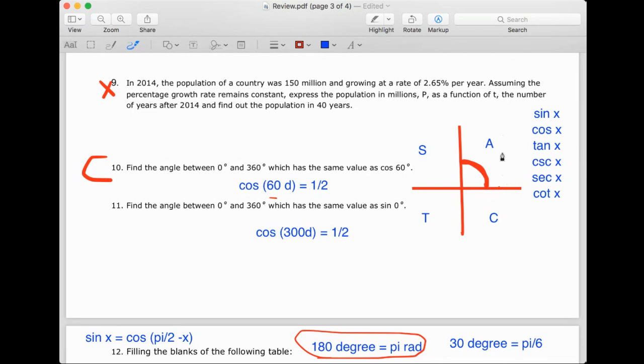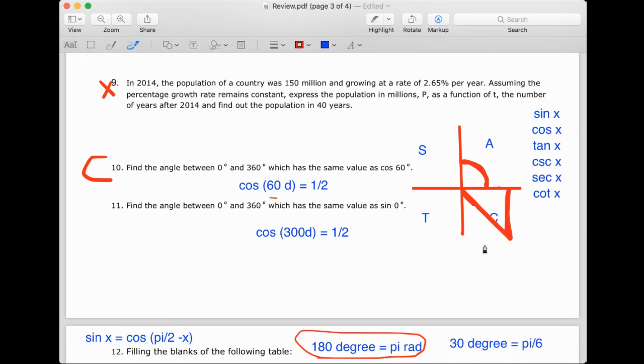So the cosine value is positive in the first quadrant, and also positive in the fourth quadrant, here. So what is the angle there? We need to find the angle whose cosine equals cosine 60.